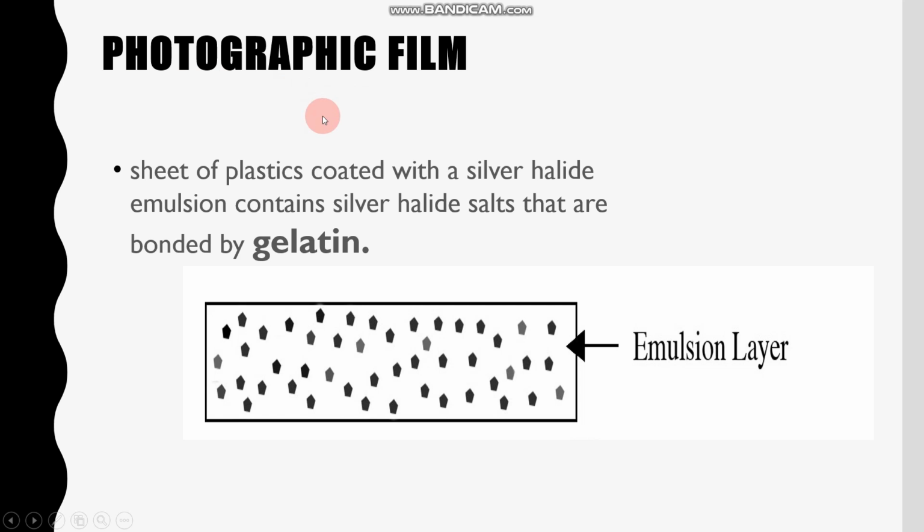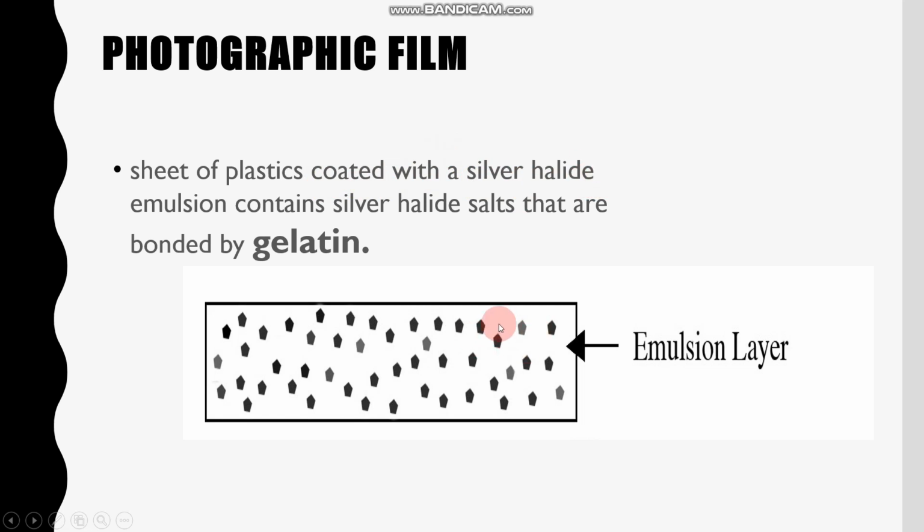So, mamaya madidiscuss pa natin yung composition ni film, but when we talk about the technical definition ni film, again, it is a sheet of plastic, di ba? As compared dun sa unang medium, glass plates, and so on. Etong si film natin is a sheet of plastic that is coated. So, ang chemical natin sa ating film is a silver halide emulsion.